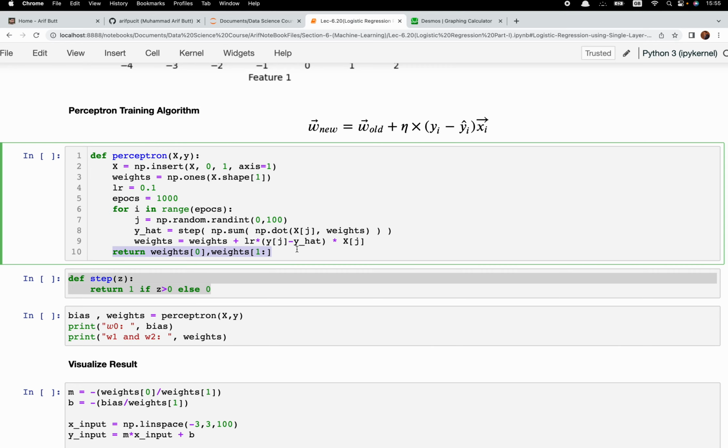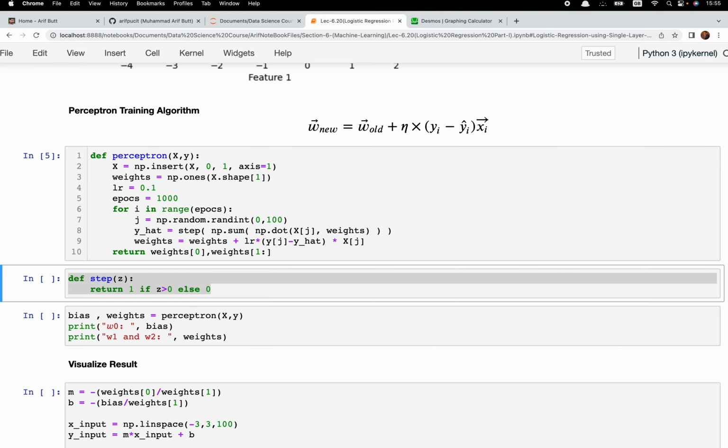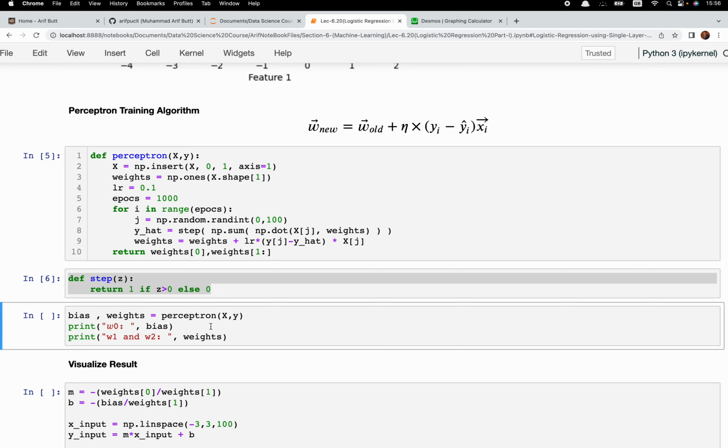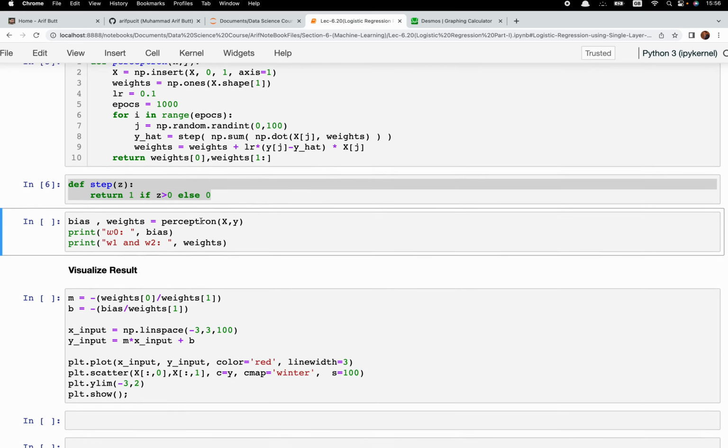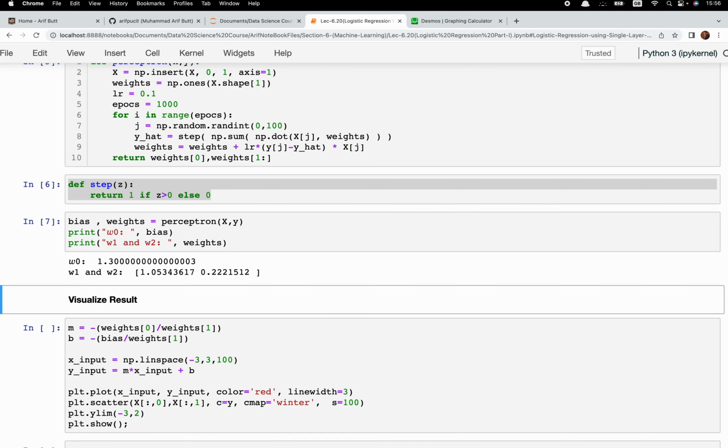In this case there are just 2. Let me just execute this Perceptron function and this step function as well. Now in this code cell I am just calling this Perceptron function and passing it the input feature X and output label Y. It does all the training and finally returns the bias and the weights. Let me just execute it.